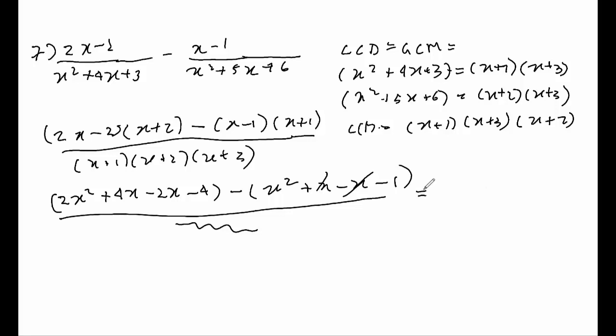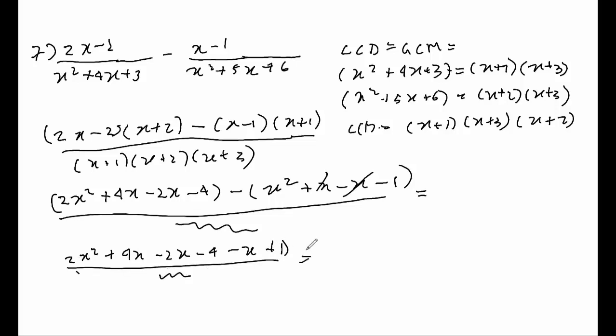So now I'm going to combine all of these. So I end up with 2x squared plus 4x minus 2x minus 4 minus x plus 1, all over, and then when I combine them, I get x squared plus 2x minus 3 all over x plus 1, x plus 2, x plus 3.